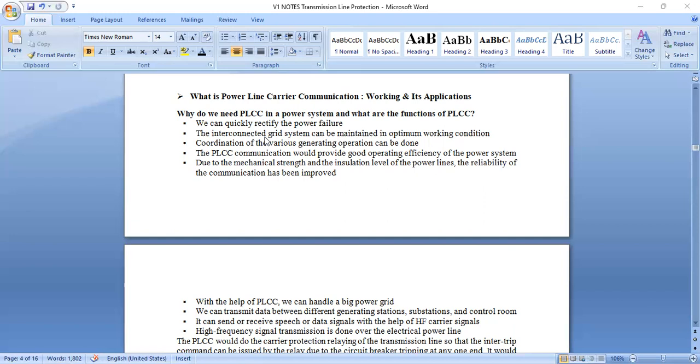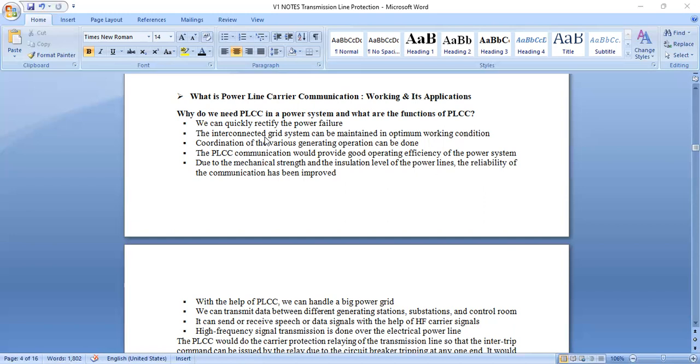This information is passed very fast, so the power line carrier communication arrangement is given in the substation, and information can be passed minute to minute.